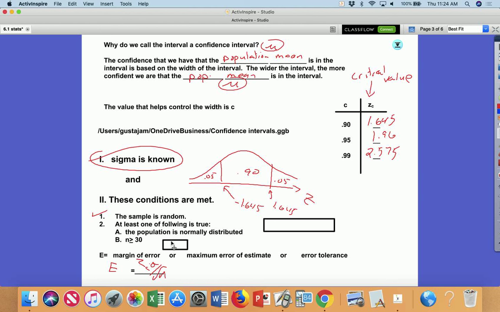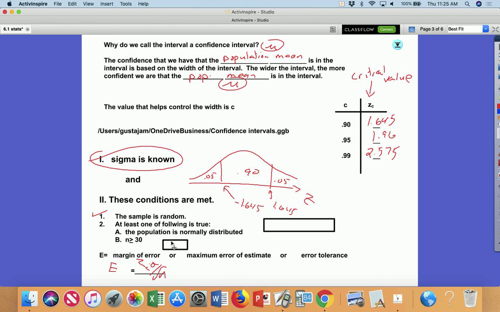I'm not going to get into every little detail of this, but I do want you to understand that we're talking about sample means, right? We're going to take a sample and use the sample mean to help us calculate the confidence interval. So we need to understand when the distribution of sample means is normal: when the original population is normal, or you take a sample of size 30 or more from something that's not normal.